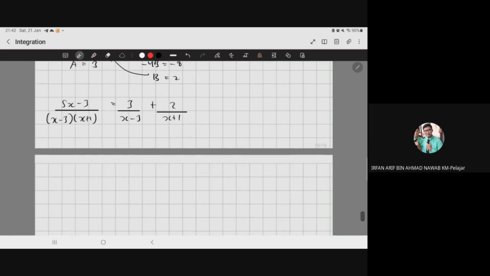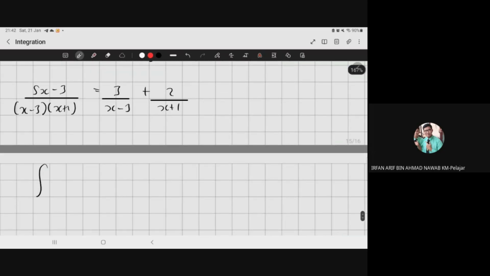Now apply this back to the integral. So you should get the integral of 3 over x minus 3 dx, plus the integral of 2 over x plus 1 dx.